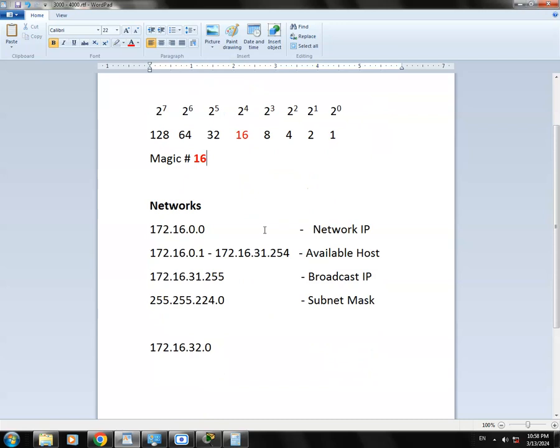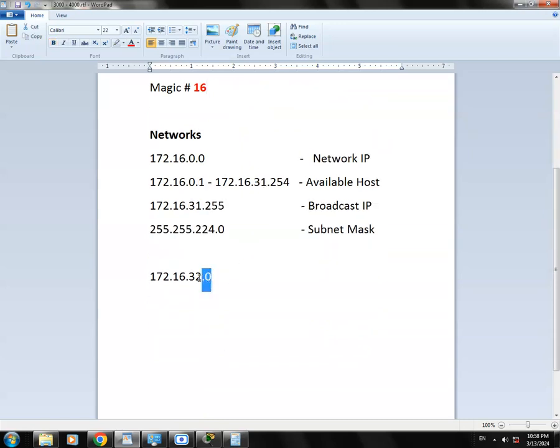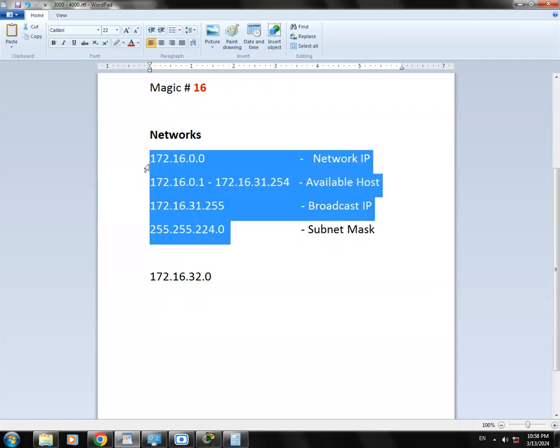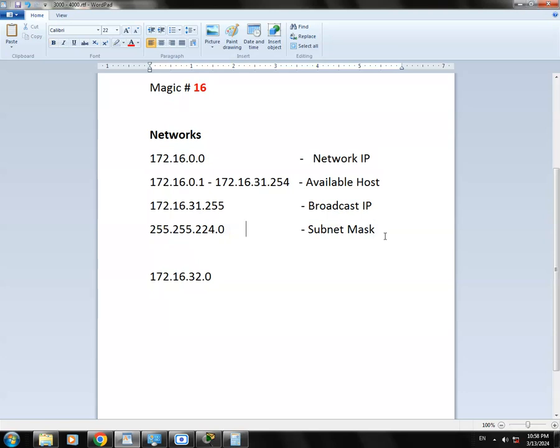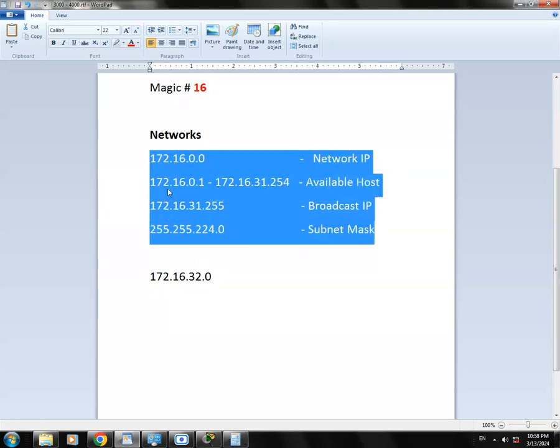So let's create a network. This is the last available network that we created, so we cannot use this address.